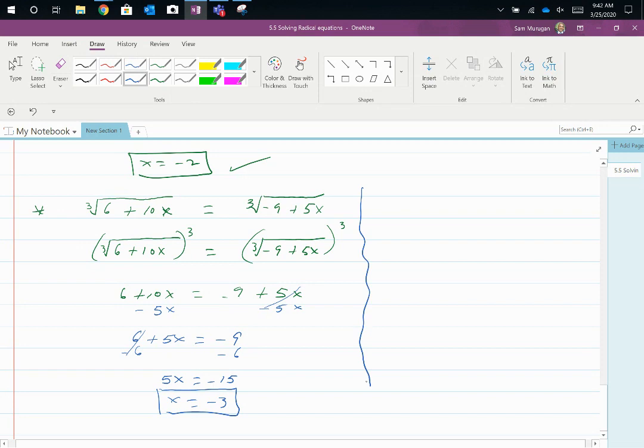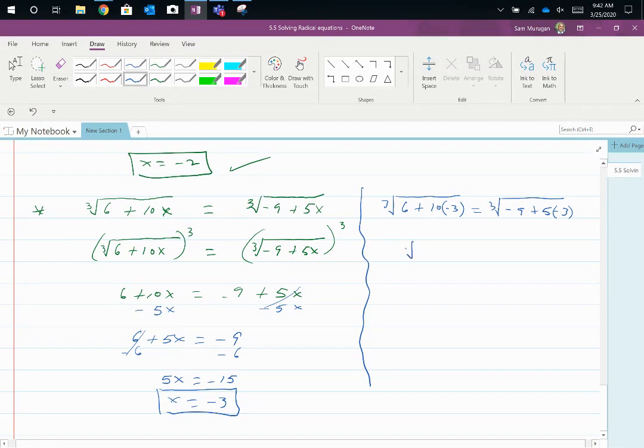Conducting the check here by substituting, we have cube root of 6 plus 10 times -3 is equal to the cube root of -9 plus 5 times -3.